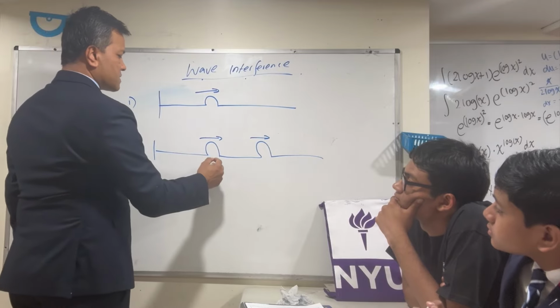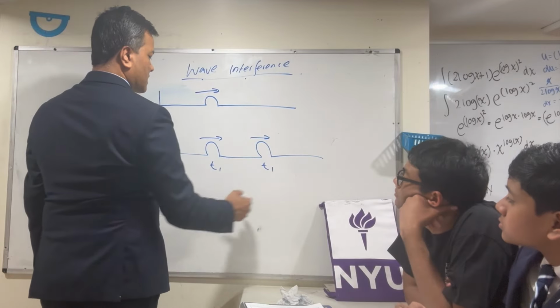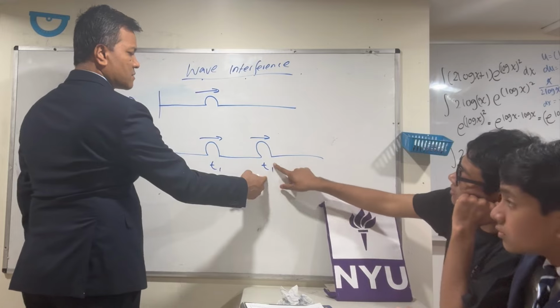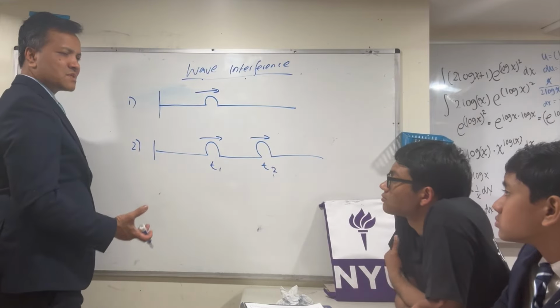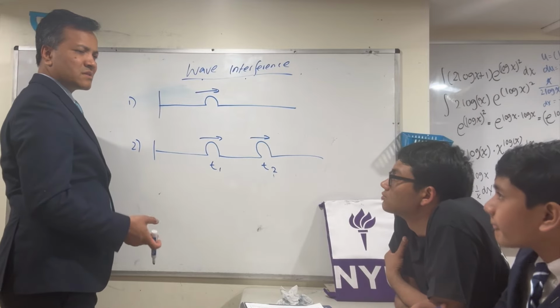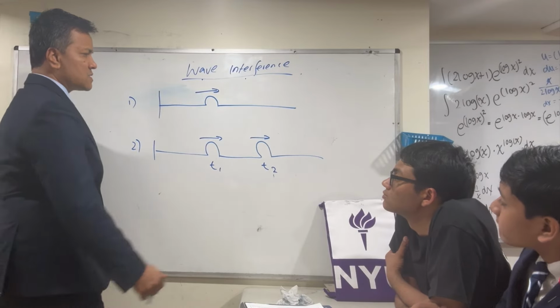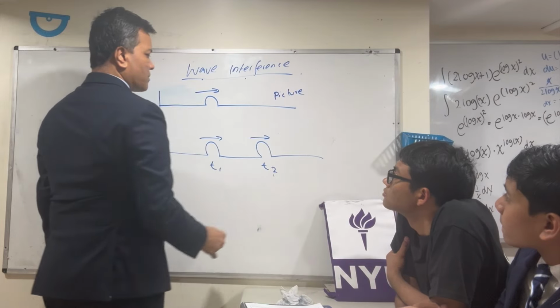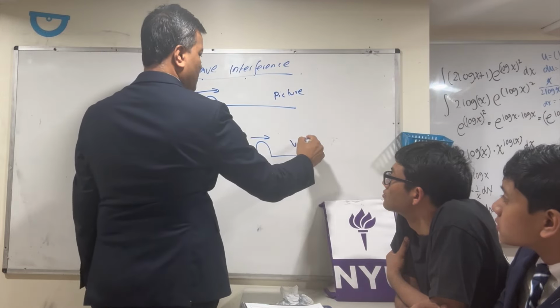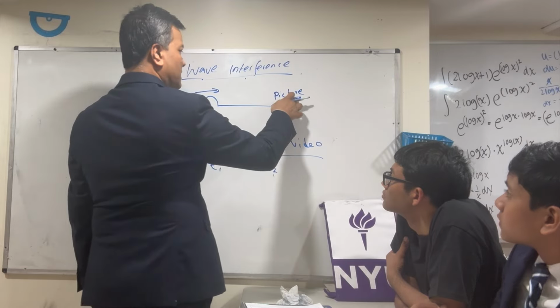So this is T1, this is T2, meaning at 0 seconds and at point T2. What does that mean? The pulse doesn't stay at the same location, it moves. This is the picture version of a wave, and this is the video version, or you can call it a snapshot.